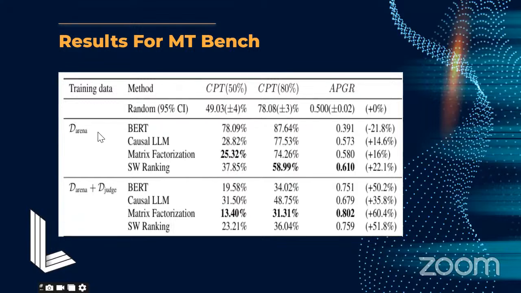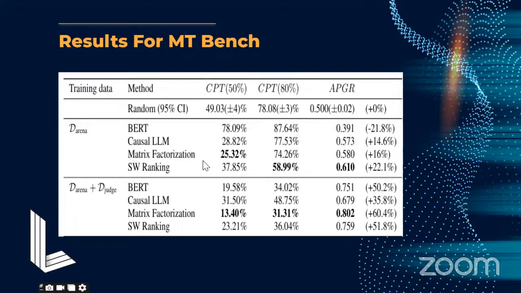Let's talk about how the four routing approaches worked on the Arena training datasets. BERT shows the highest performance with CPT 50% and CPT 80%, but its APGR is very low compared to the random router, less than 20%, which is minus 21.8%.